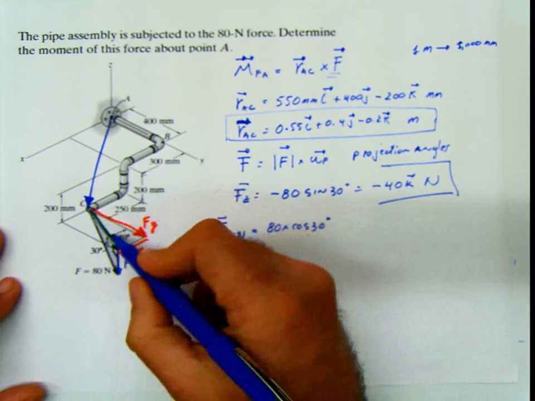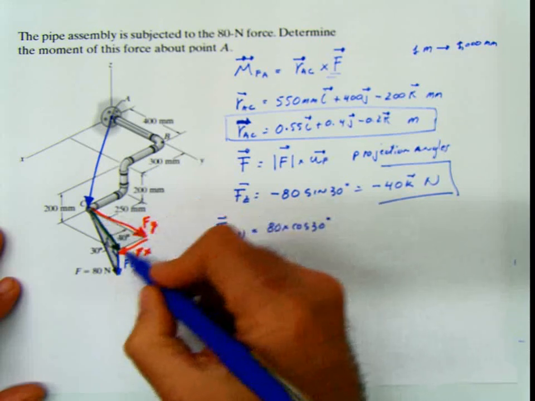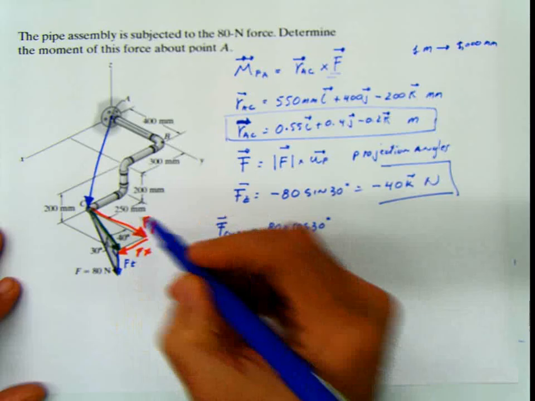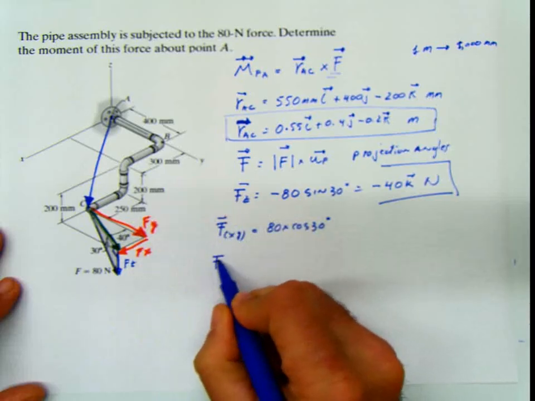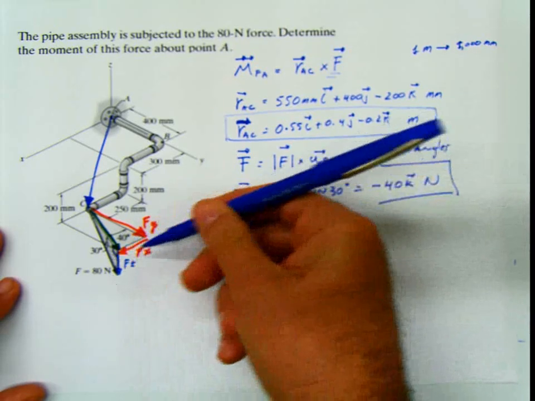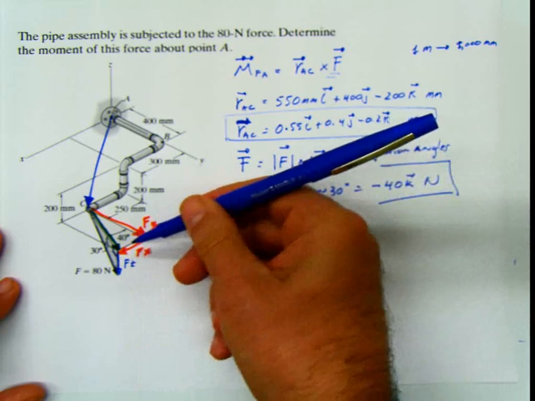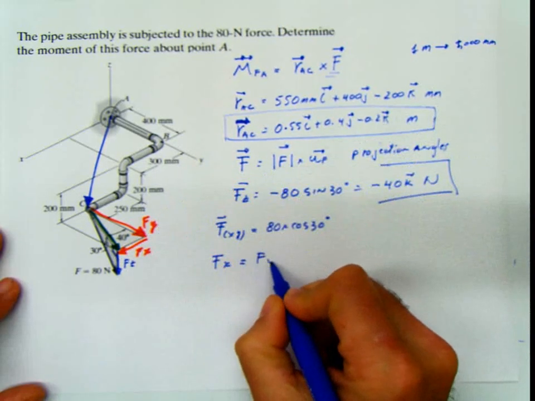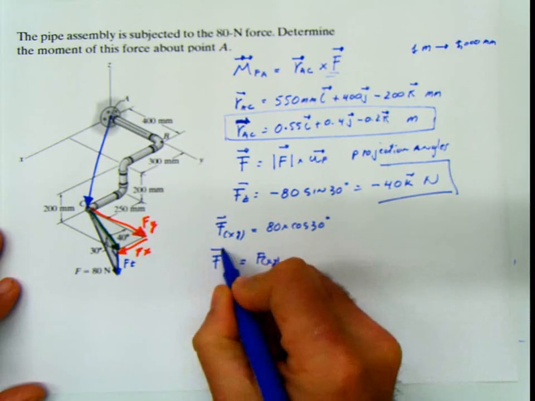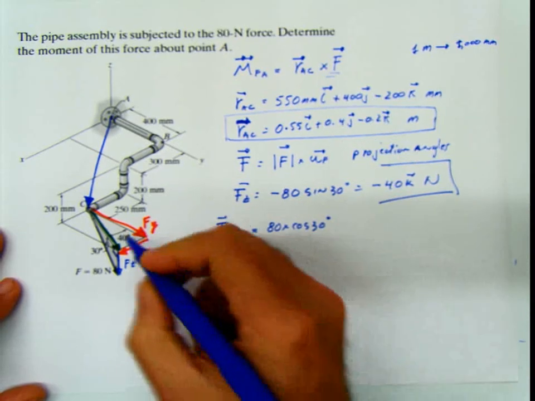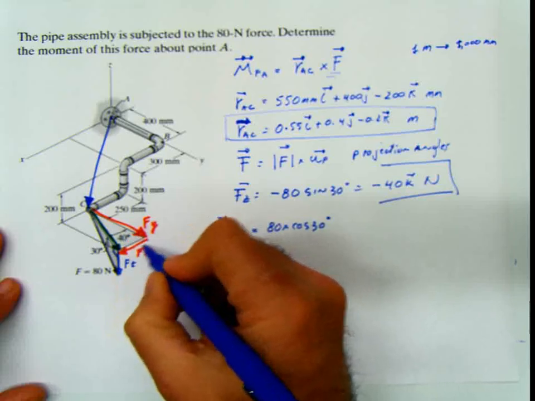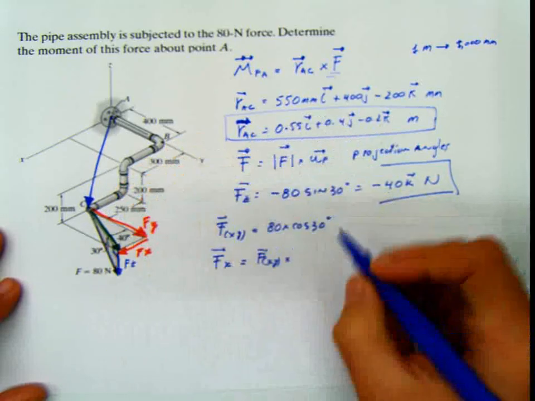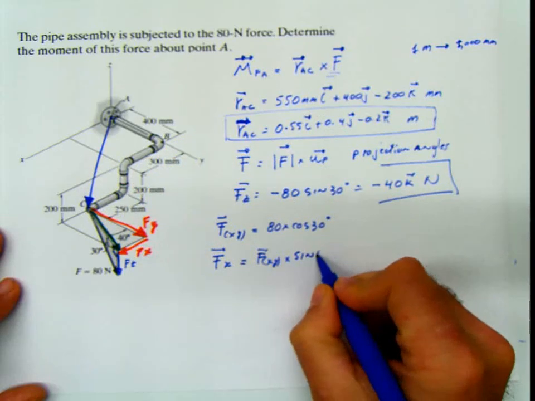Now, if I want to calculate my X component, which is this one, this is the angle that I have to use, 40 degrees. So basically, my X component points in the X positive direction of the axis, and it's going to be equal to the projection that I call XY multiplied by, once again, I'm talking about this one here, so it's the opposite of this 40 degrees. It's going to be sine 40 degrees.